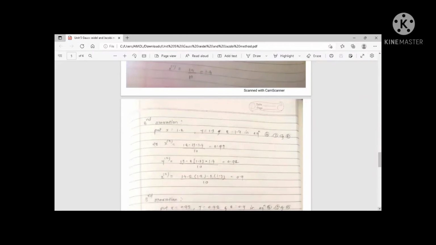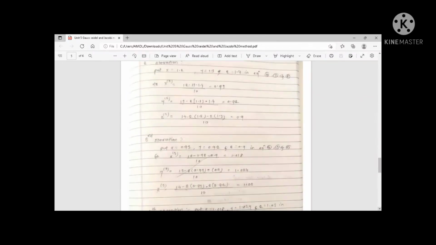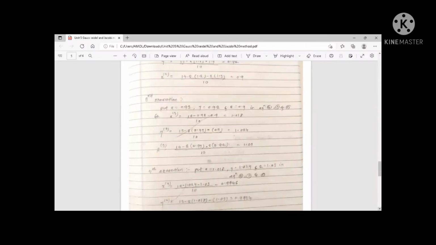Means there is variation in the values between the first and second iteration. In the third iteration, they are 1.018, 1.024, and 1.03. If we compare these with the second iteration values, again the variation is there. So you go for the fourth iteration.